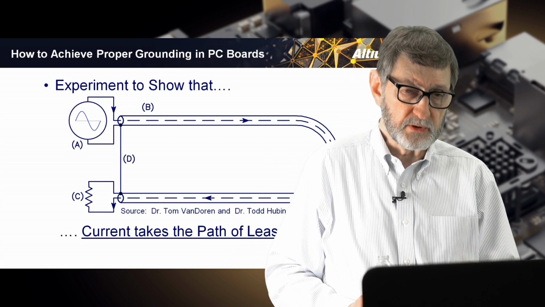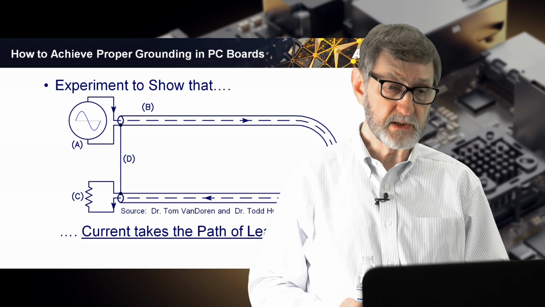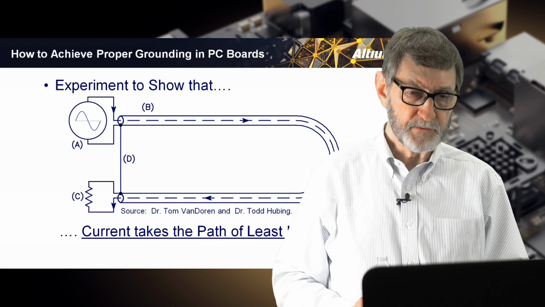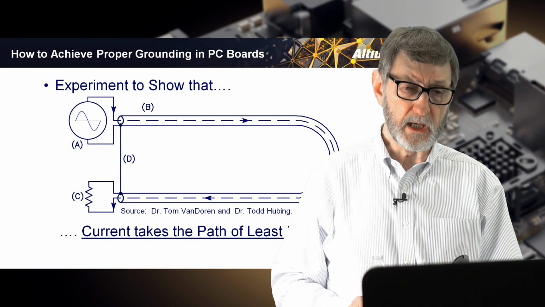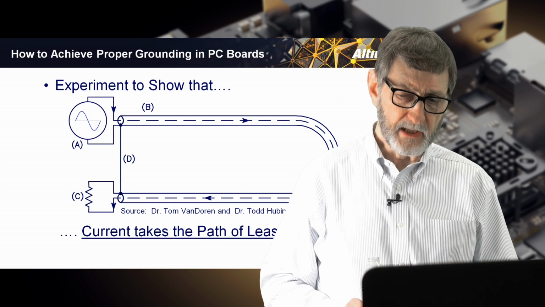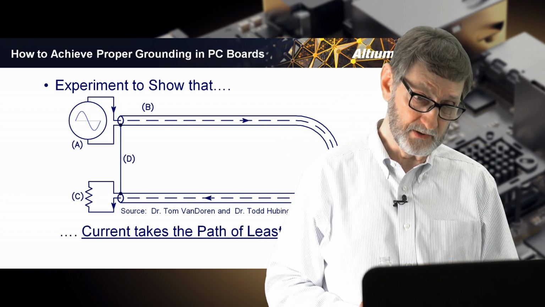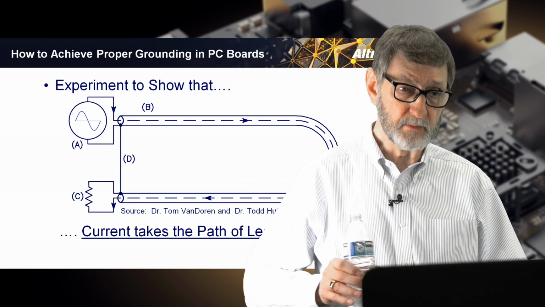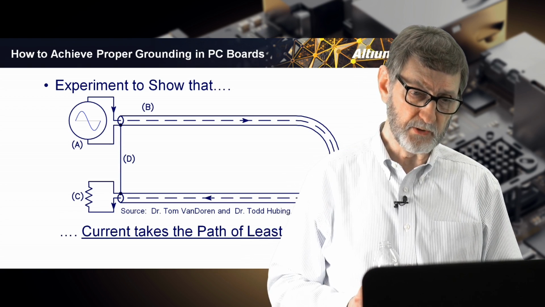As you turn up the frequency of the signal generator, it won't take long, at a few hundred cycles, you'll begin to see that the current in the short wire will become less and less as you go up in frequency. And by the time we get to 50 or 100 kilohertz, there will be literally almost no current left in the wire. There will be some, but it'll be minuscule at that point.